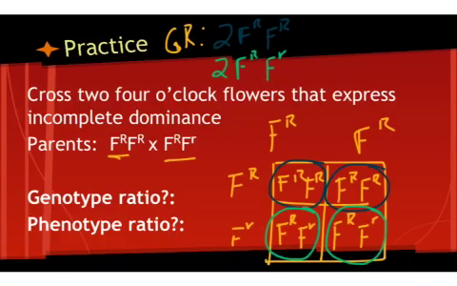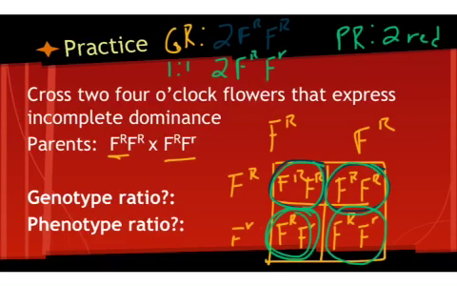Phenotypic ratio, so we could also reduce that and make it 1 to 1. Phenotypic ratio, we would have 1, 2 red, 1, 2 pink. Again, 1 to 1.